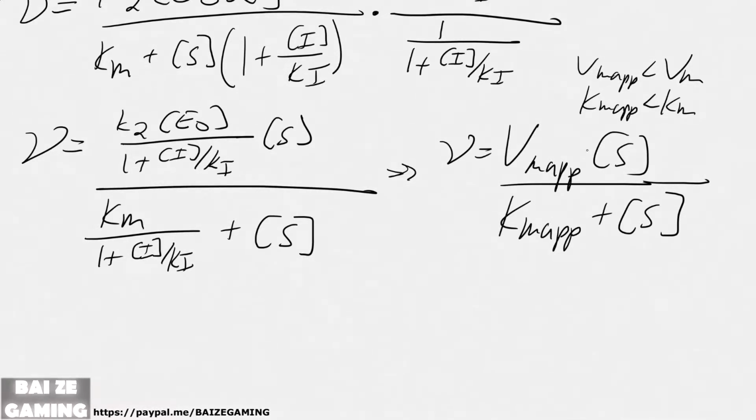The V is connected through multiplication, but the bottom KM apparent is connected through addition. So actually what will happen is, if both of these were reduced, because this one's connected to the substrate concentration through multiplication, the V is actually going to have more of an effect.